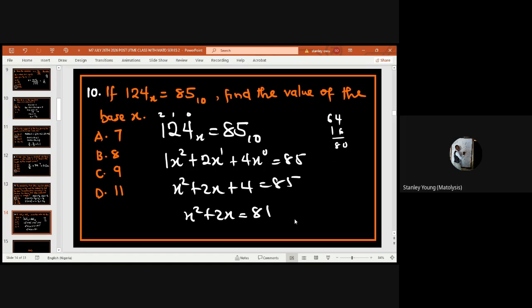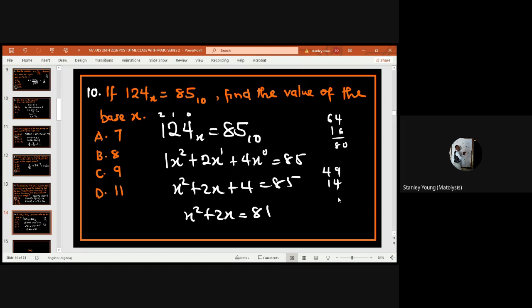Or let me check if I made an error. 1 times x squared, that's that. 2x, and plus 4 times x raised to 0, this is 4. Yep. So let's look at that again. 7 squared is 49, 7 times 2 is 14.